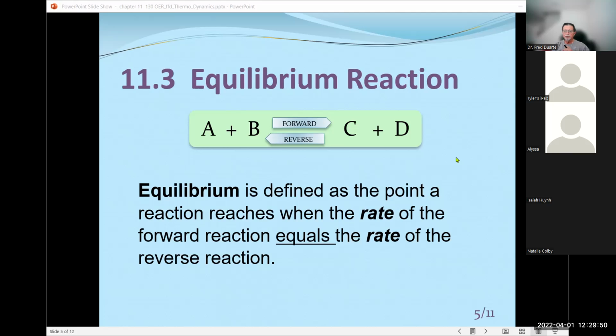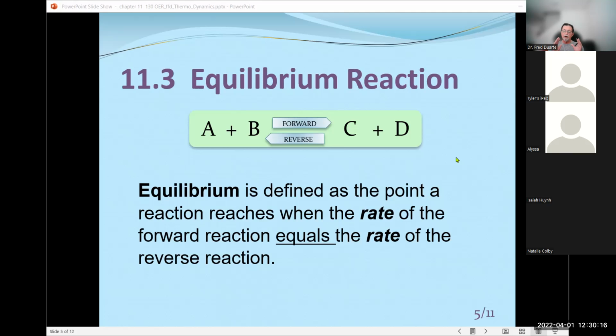A good example, which is not really a true reaction but a process: if you take a soda bottle, capped, and shake it up, what happens? You see those bubbles come up, carbon dioxide. Before you shake it up, carbon dioxide is in equilibrium in solution, okay? The moment you shake it up, the carbon dioxide comes out of solution, and you build up pressure.